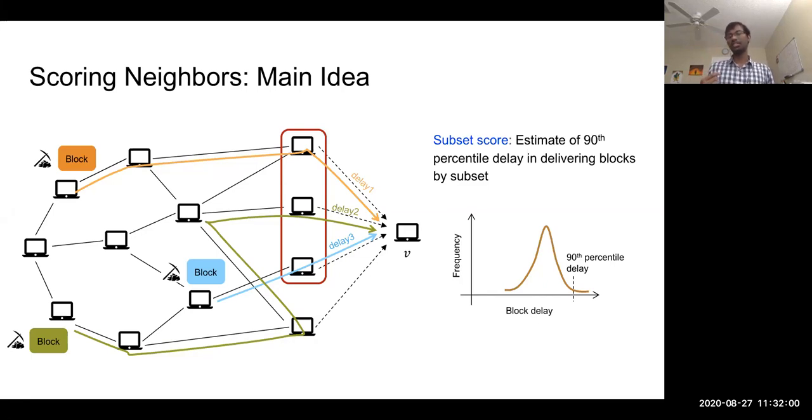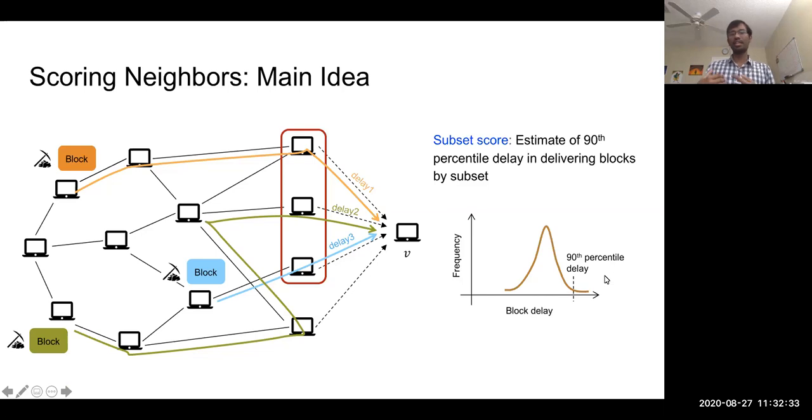And if V chooses the 90th percentile in this histogram as the score function for this group of nodes, then we can see that that is basically the objective that we wanted to optimize in the first place, right? By essentially choosing the score to be exactly the objective that we want to optimize for, we would be steering V to choose that subset of neighbors for whom this 90th percentile delay is the lowest possible.